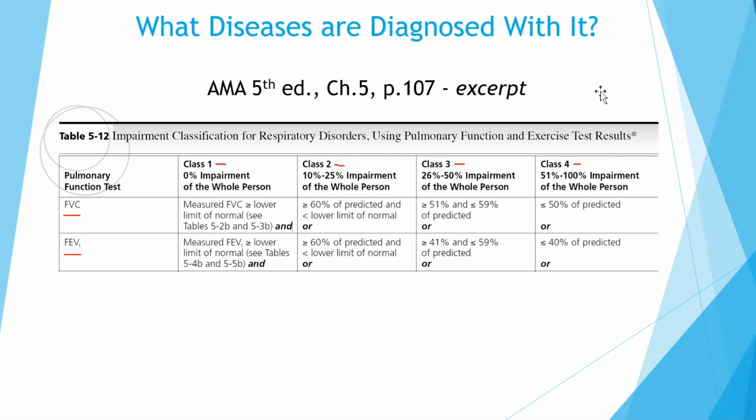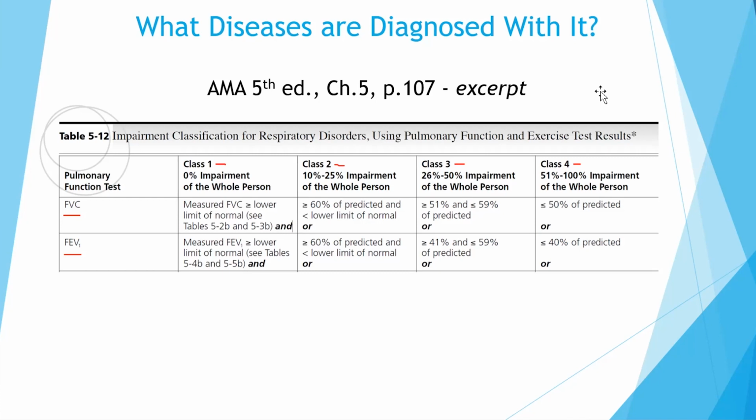So as we move across here, you can see that the individual loses more and more of their FVC volume until they're down to less than 50% of their expected prediction. And remember, the normals are based on a bunch of people doing pulmonary function tests on normal individuals and related to gender and age as well.